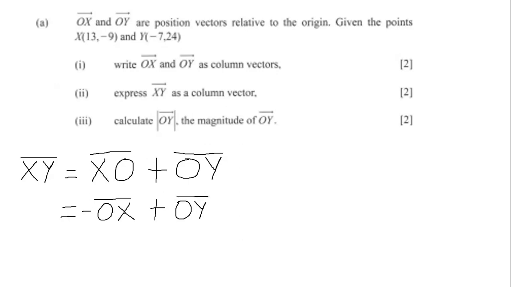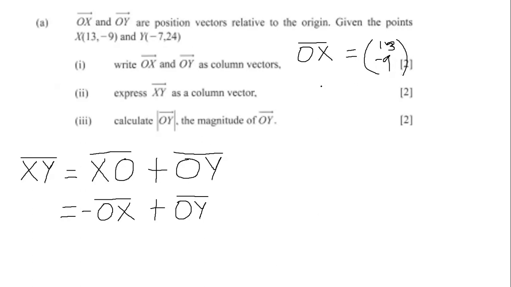So what is OX and what is OY? Remember, we found those values initially. From the previous question that we did, we saw that OX is equal to 13 and negative 9.